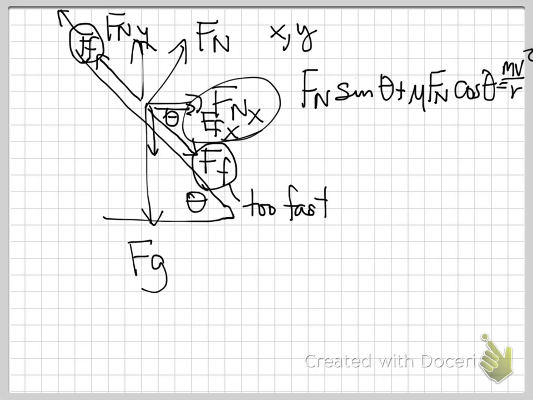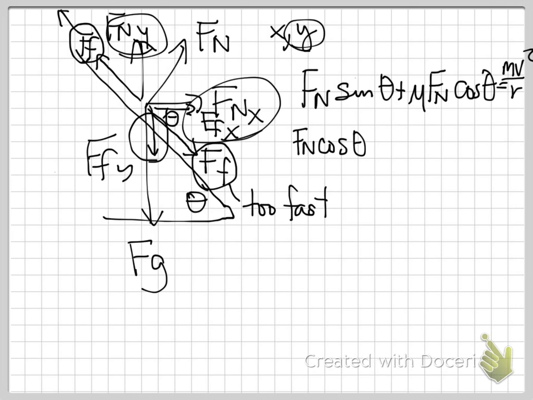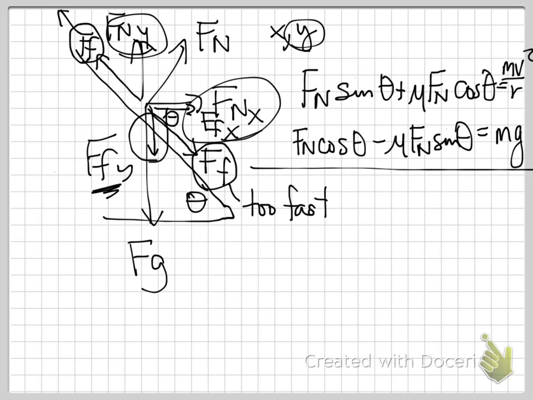Now in the y, so that's the x direction. Now we go in the y direction. You know that Fn cos theta, which is up, has to be balancing Ff in the y, which is down, and Fg. So I'm going to say minus mu Fn sine theta. That's this term right here. And I could say minus mg, but I'm going to add that to the other side. And some of you know why, because the next step is going to be to divide.